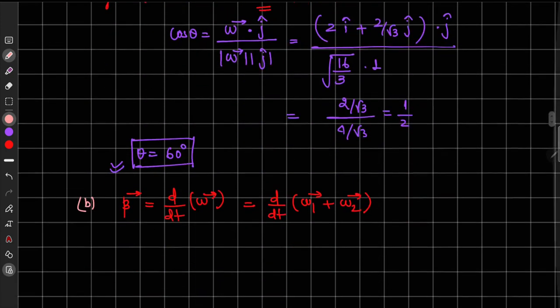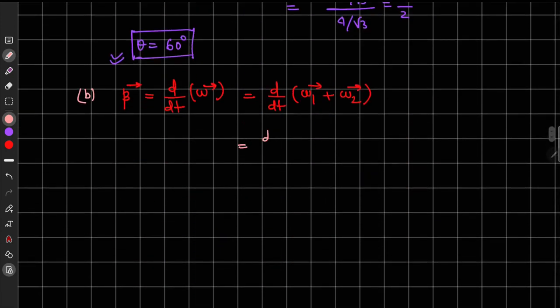Now let us substitute it here. So we can write d by dt of omega 1 cos theta i cap plus omega 1 sin theta k cap, and the derivative of omega 2 is 0 because both the magnitude and the direction of omega 2 are constant. So omega 1 is constant, so let us take it outside.